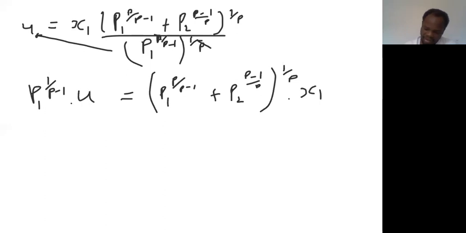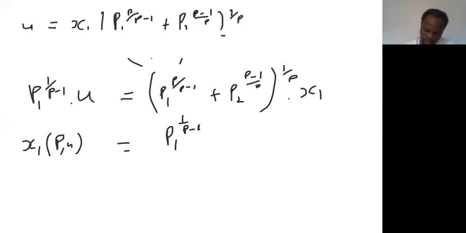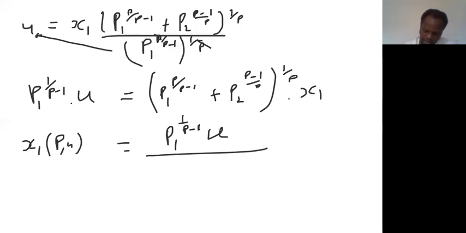So when I divide this expression by this, then I'll have x1, which is now a function of what? P and u is equals to P1 to the power 1 over phi minus 1 multiplied by u, all over P1 phi over phi minus 1 plus P2 phi over phi minus 1.